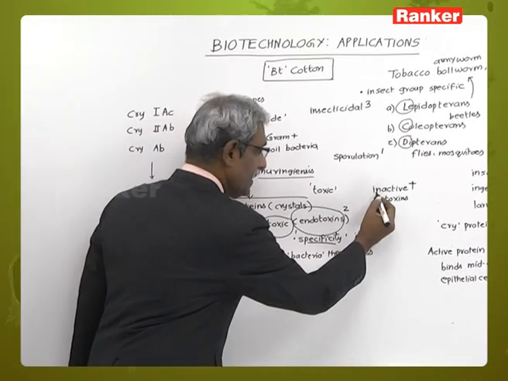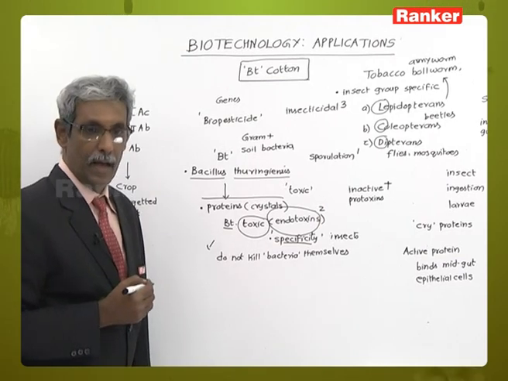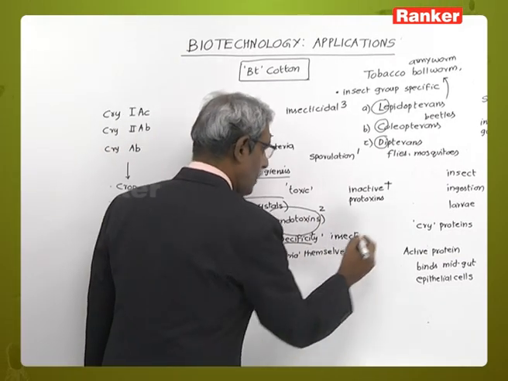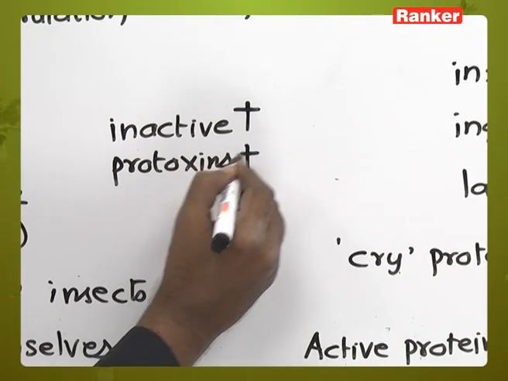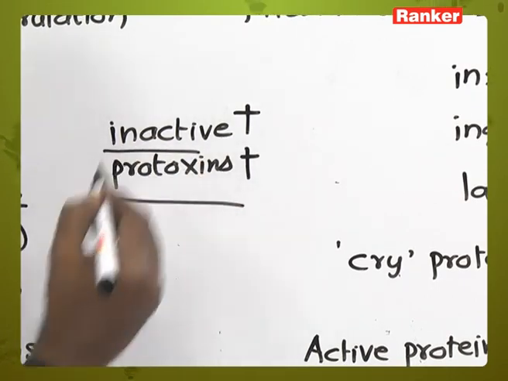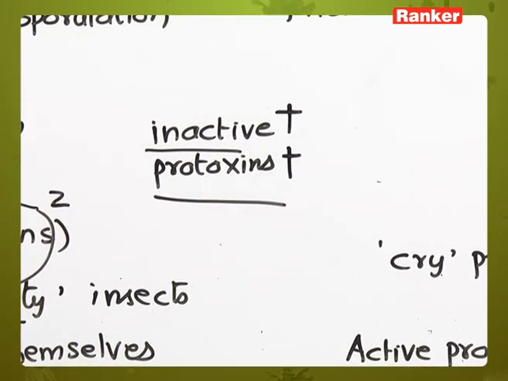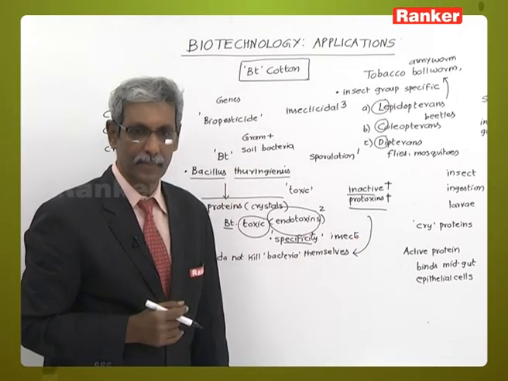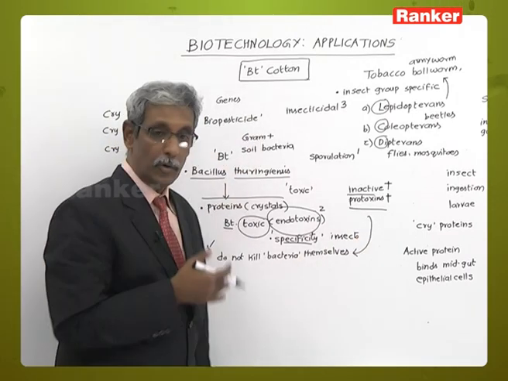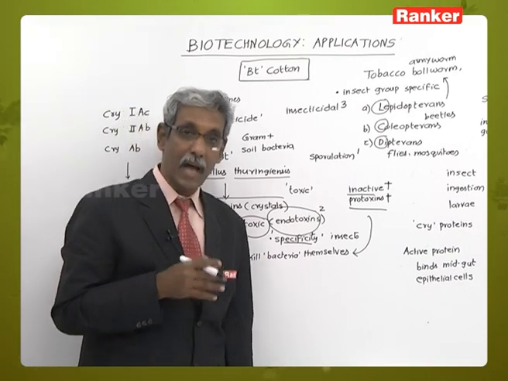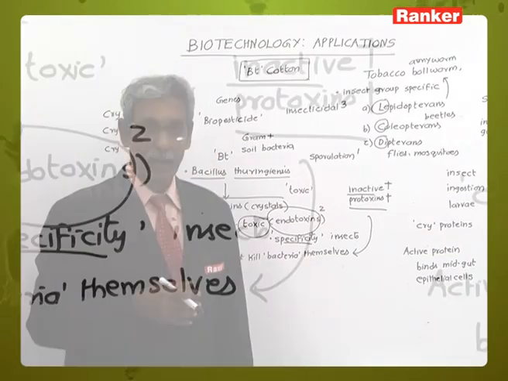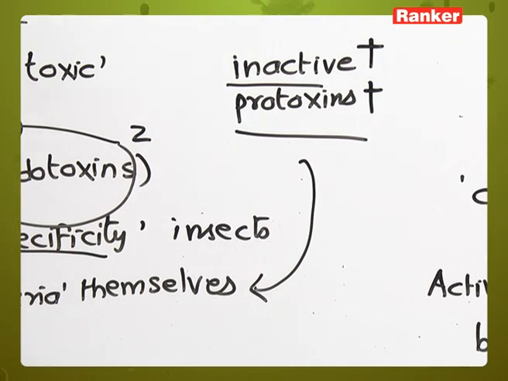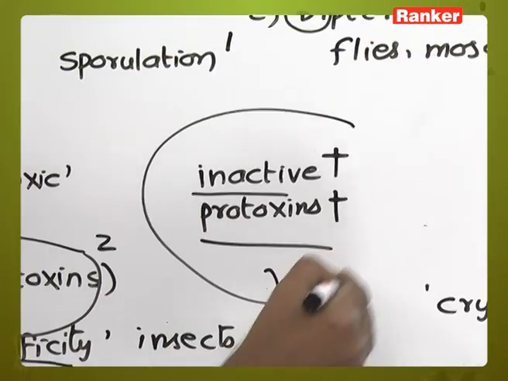The proteins are present in an inactive stage, and the toxin is inactive. And what is the toxin called? It is termed as prototoxin. So, they are inactive and called prototoxins, and thereby they do not kill the bacteria itself. And these prototoxins, the Bt toxins, exist naturally in the bacteria in the form of inactive prototoxins.